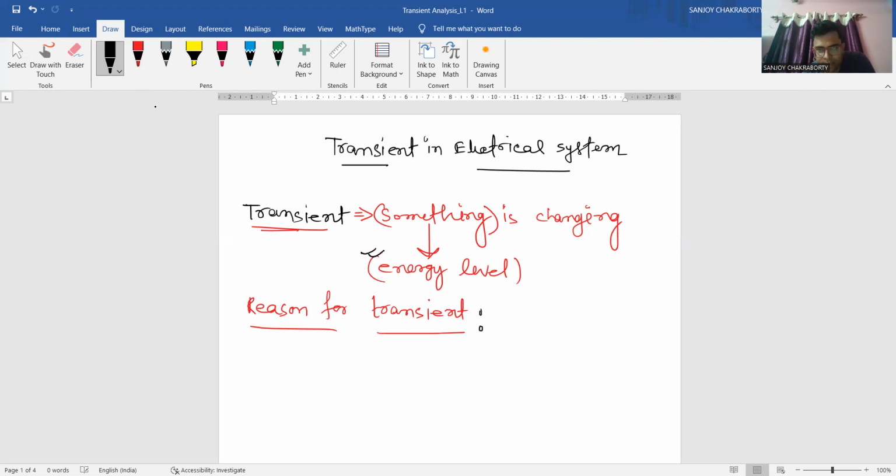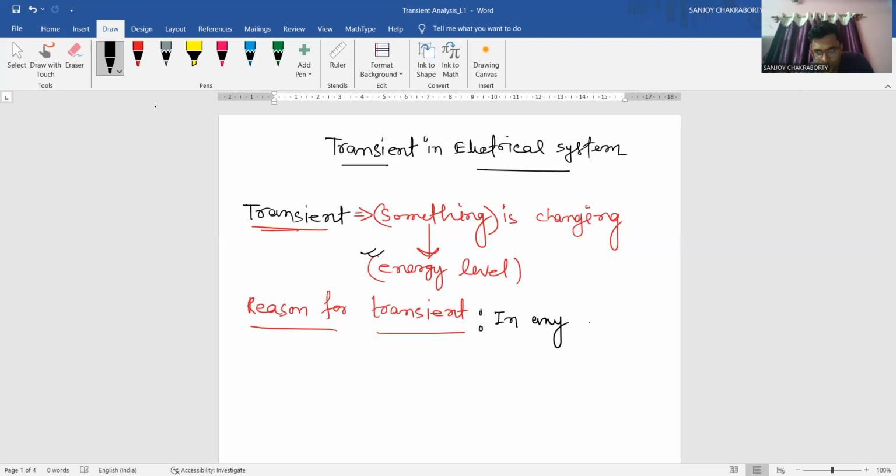Something here means energy level is changing. So transient is associated with energy. So obviously in electrical system where we have energy storage element, there we'll see these transient effects.